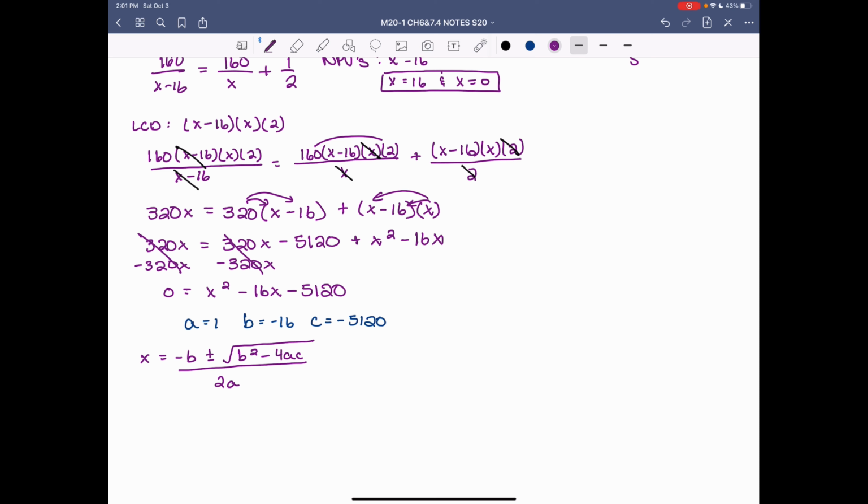Let's sub in our information. X equals negative, bracket negative 16, plus minus the square root of bracket negative 16 close bracket squared minus 4 times a, which is 1, times c, which is negative 5,120 close bracket. All of that divided by 2a, which is 2 times 1.